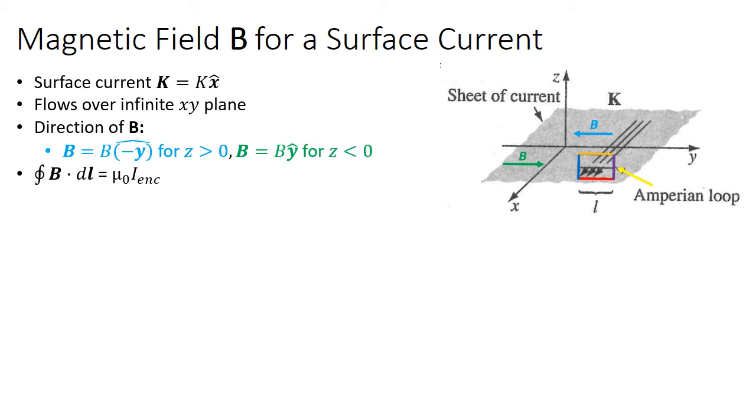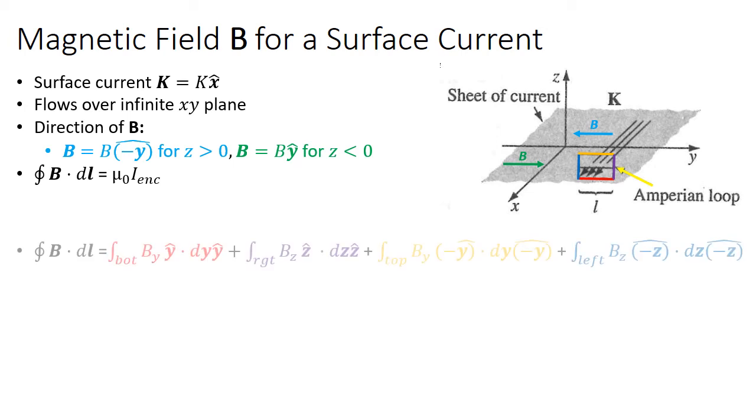You'll notice that in the loop that we're following, the red portion and the orange portion are in the same direction as the magnetic field below and above the xy plane, respectively. That's done deliberately.